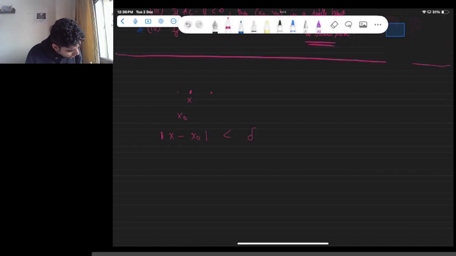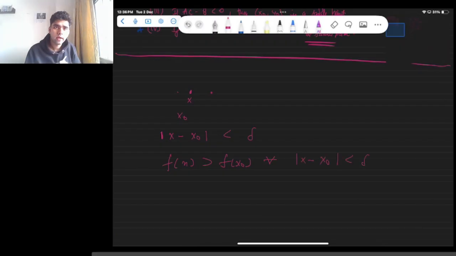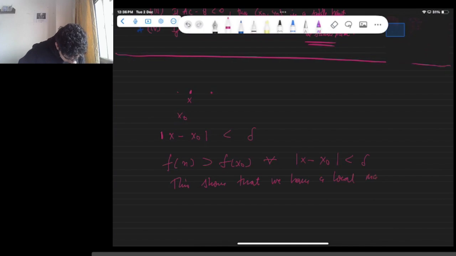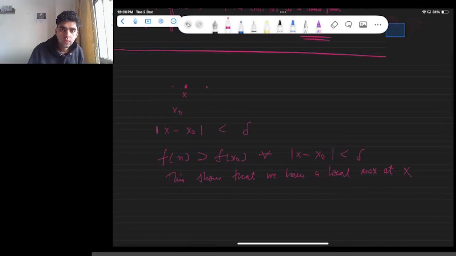And what I'm saying is f(x) is greater than f(x naught) for all x minus x naught less than delta, right? This shows that we have a local max at x, right? So I have to explain this first.